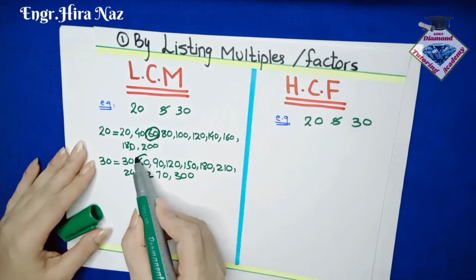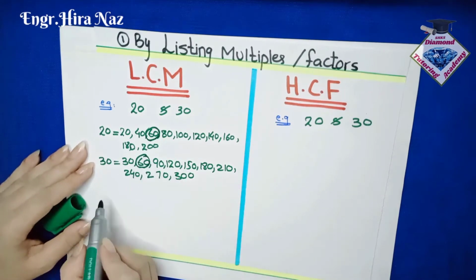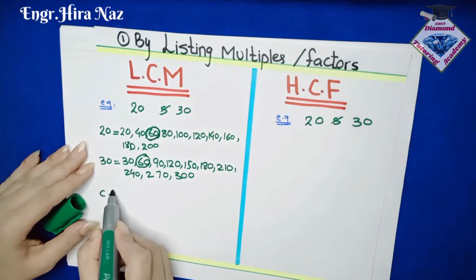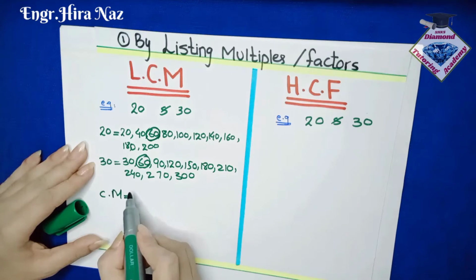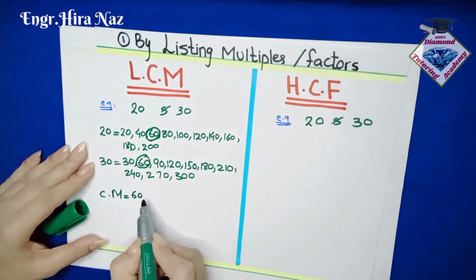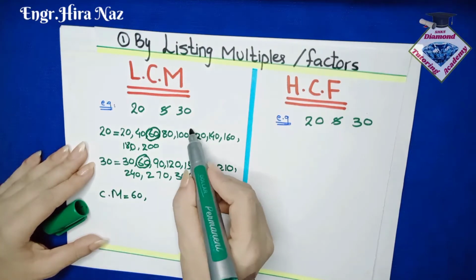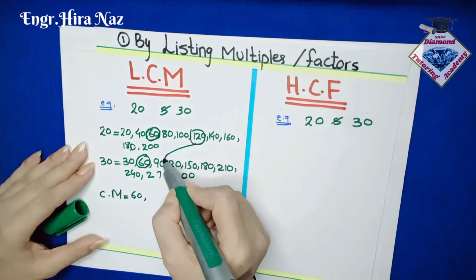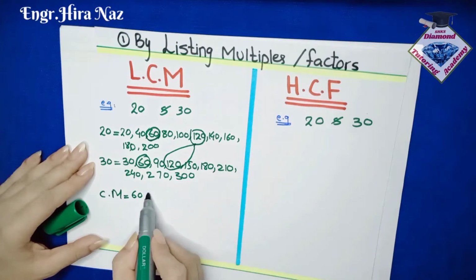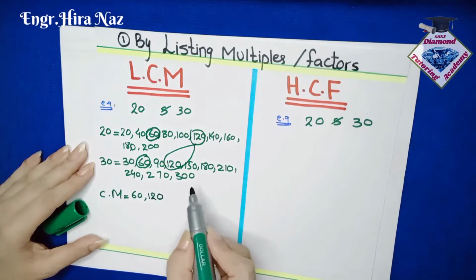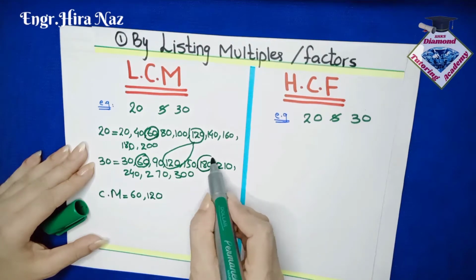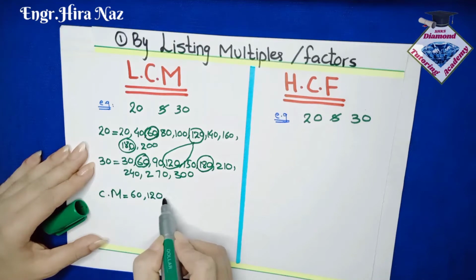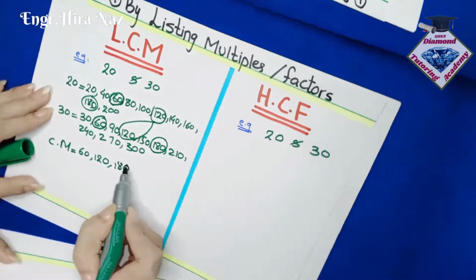So the first common multiple is 60. We have to write here common multiples. The common multiple of 20 and 30 is 60. The next common is 120. The next one is 180.